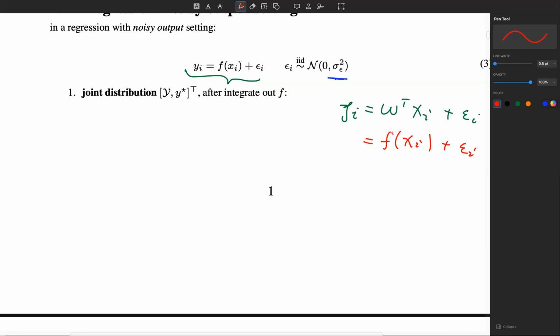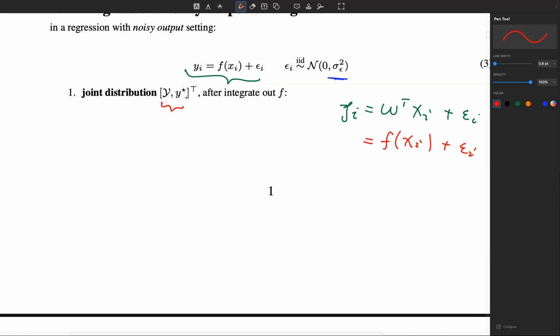Now let's have a look at how you can do inference. What do I mean by inference? When you know all the parameters, how do you do prediction? That's essentially what you want to do for regression: after you build a model, how do you do prediction? So we need to work out the joint density of y and y star.